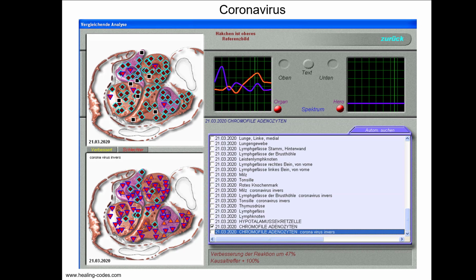Chromophilic adenocytes represent a cell structure in the pituitary gland and correlate best with the condition of the patient. If you want to know the clinical condition of a patient with the help of NLS analysis, it is recommended to search for chromophilic adenocytes. The value of 47% displayed here indicates that the patient feels tired and exhausted.